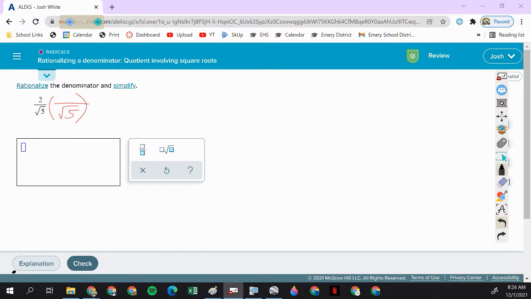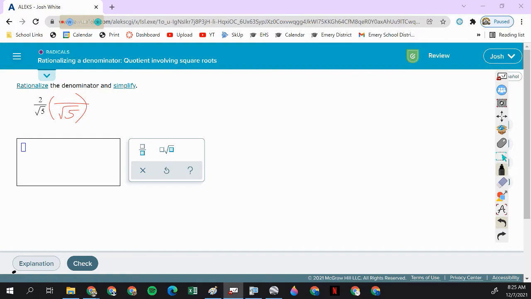Okay? But if I just multiply the bottom by the square root of 5, I will change the value of the original fraction. So what number can I multiply by without changing a number's value? What is the only number that doesn't do anything in multiplication? 1.